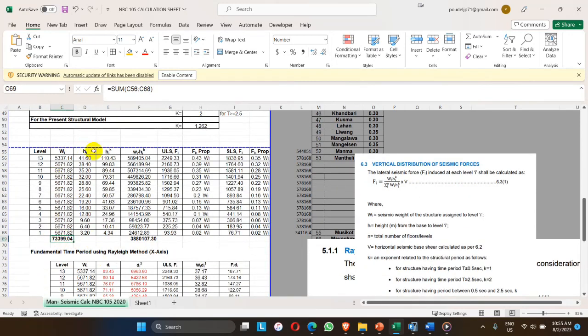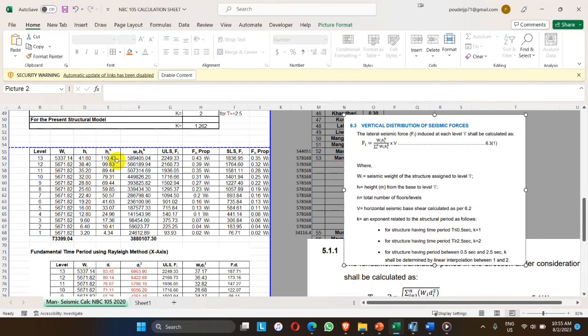So after inputting this value here, we got the ultimate limit state force at each story level due to the lateral loading or seismic loading. So here the formula for the force is Wi Hi^k divided by the summation of Wi Hi^k, into the seismic base shear.